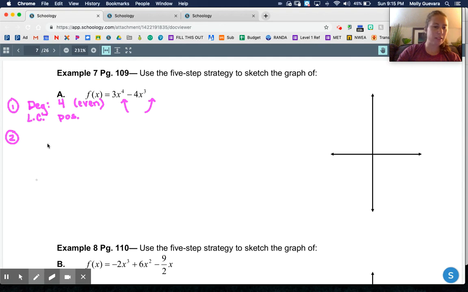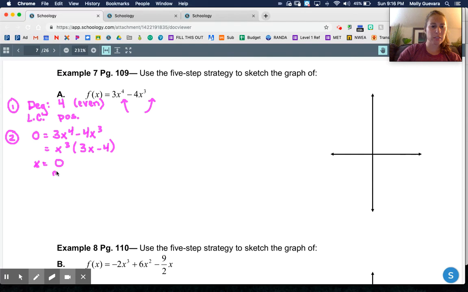Okay, so I did that. Second step is to find the x-intercept. So I'm going to set the equation equal to 0 and solve. So I see that I can factor out an x to the third. And that leaves me 3x minus 4. Okay, so my x-intercepts are, if I set this equal to 0 and solve, I get 0.